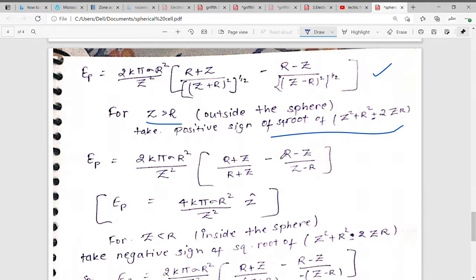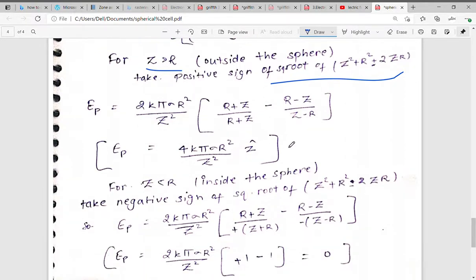So for plus sign, this will become z plus r, or this will be z minus r simply. So the expression of E_P becomes 4k pi sigma r square upon z square z cap. I mean the net electric field will be in the direction of z cap.